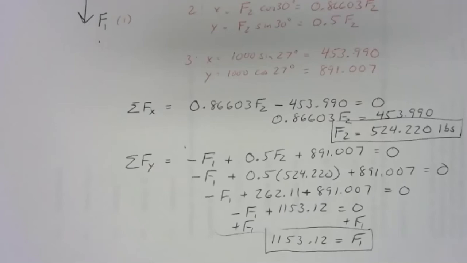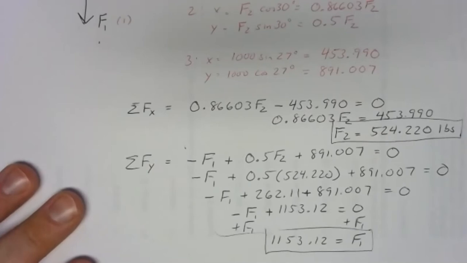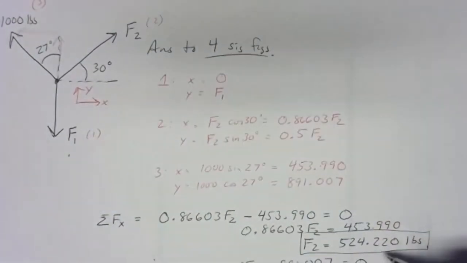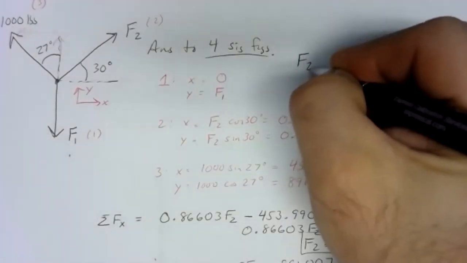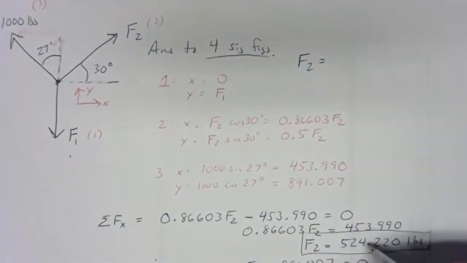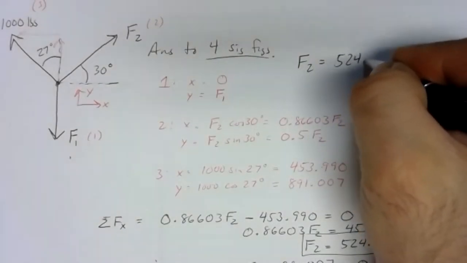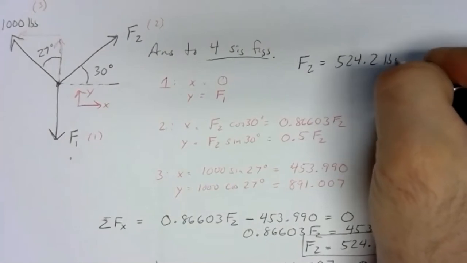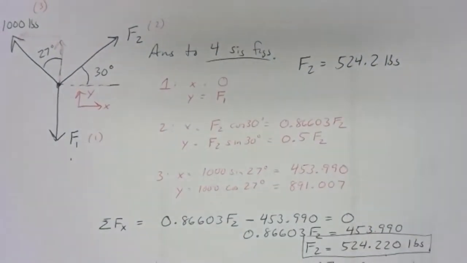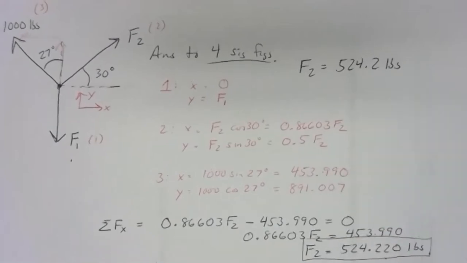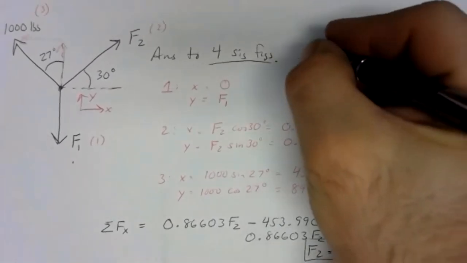So last step is just to go and present our final answers. So we can write those up here, rounded to 4 sig figs. F2 is 524.2. And don't forget the units, pounds. It's okay if you ignore the units within the problem, but when you're presenting your final answer, you've got to have those units there.